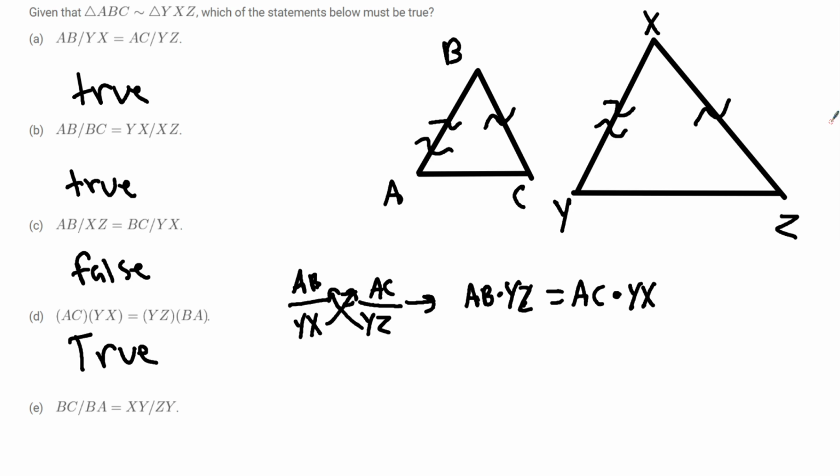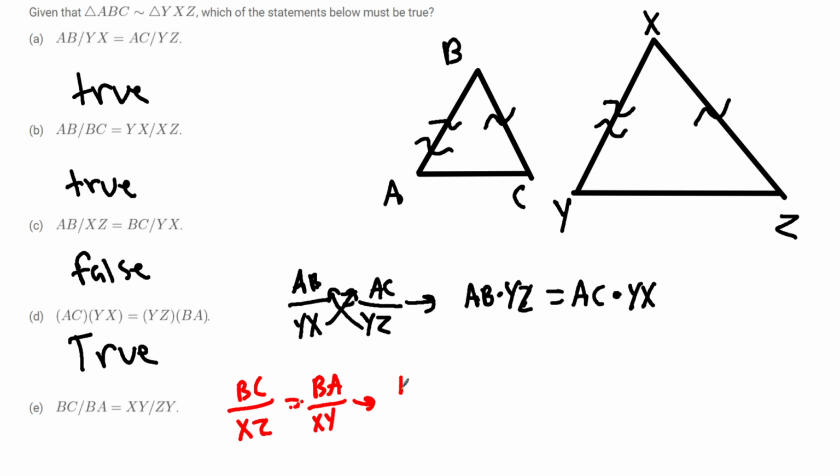So, can we come up with some sort of way to show that these ratios are equal? Well, we have BC over XZ equals BA over XY.